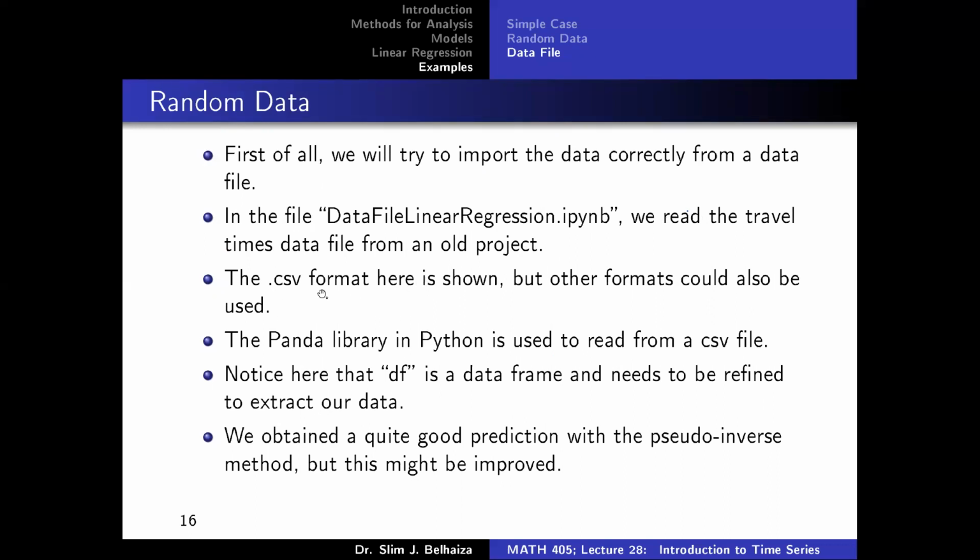The CSV format is used, but other formats could also be used. The Pandas library in Python is used to read from the CSV file. We noticed that df in the Python implementation is just a data frame and needs to be refined to extract the data. At the end of the day, we obtained a quite good prediction with the pseudo inverse method, but this might be subject to improvement.